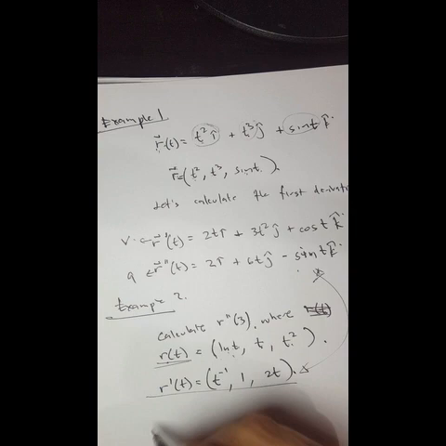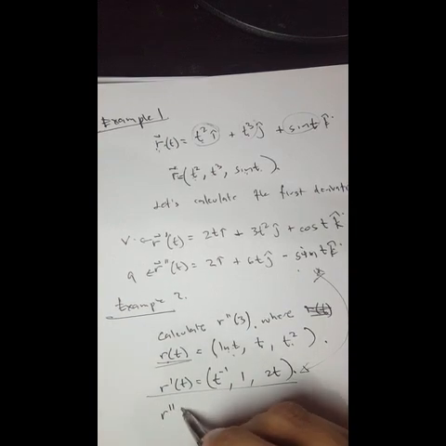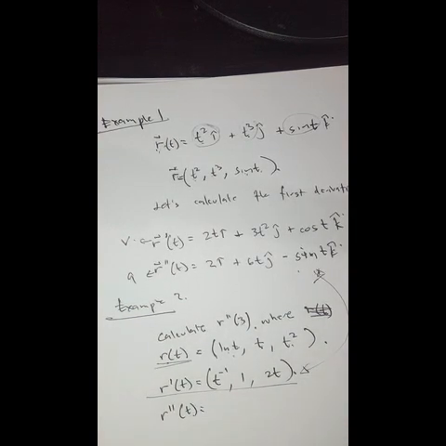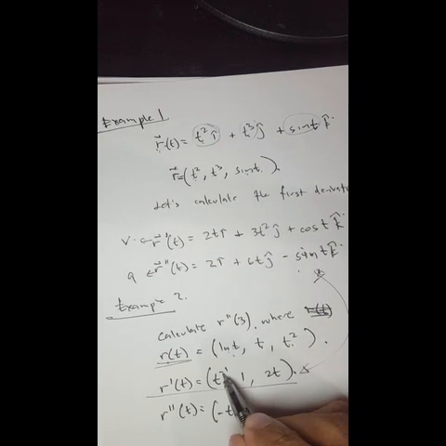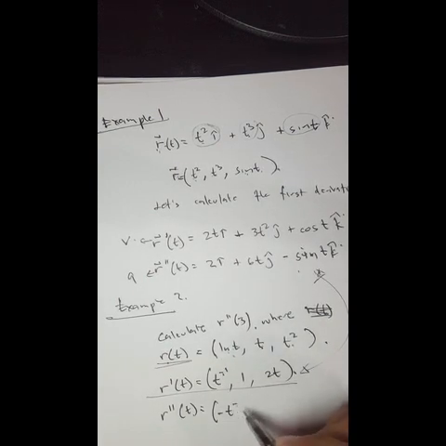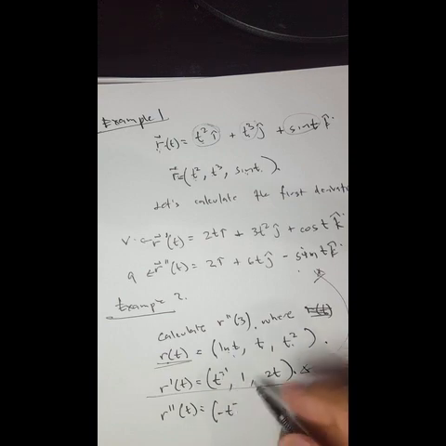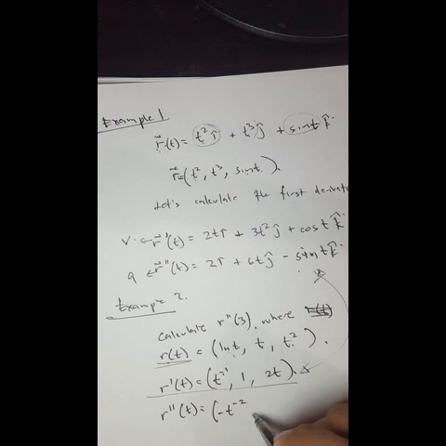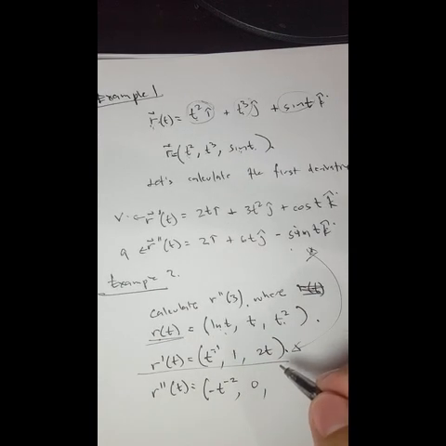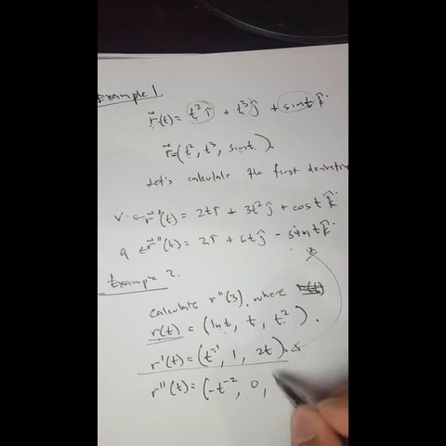Okay, next let's take the derivative again. So we have negative t, and minus 1, so negative 1 minus 1, so minus 2, and then the derivative of a constant is 0, and the derivative of this one is just 2.